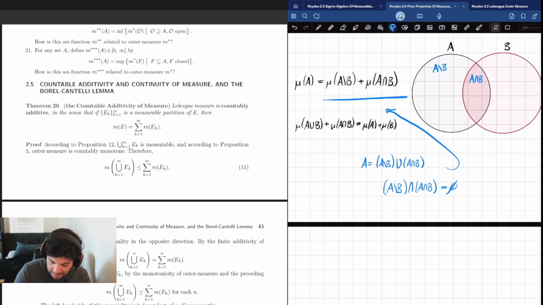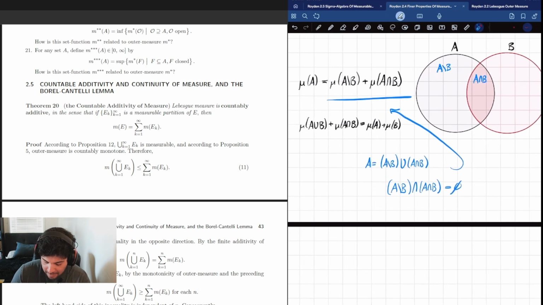It basically depends on them being disjoint. Otherwise, if they're not disjoint, then you don't get the equality.